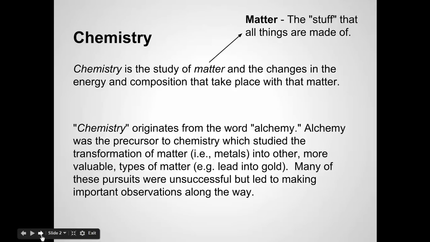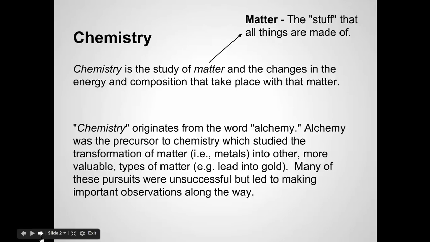So what it really studied was trying to change one substance into another substance, like changing lead into gold, for example. If you think of the fairy tale Rumpelstiltskin, that is really talking about alchemy, where it's talking about spinning the straw into gold.